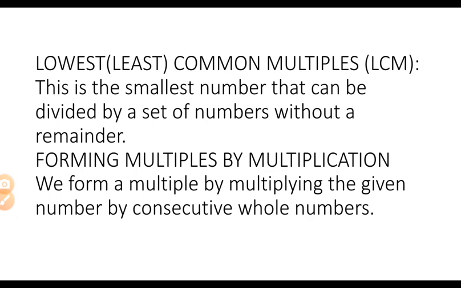Now we are going to look at how to form our multiples by multiplication. We are going to be looking at how to form multiples by simply multiplying the number by consecutive whole numbers.